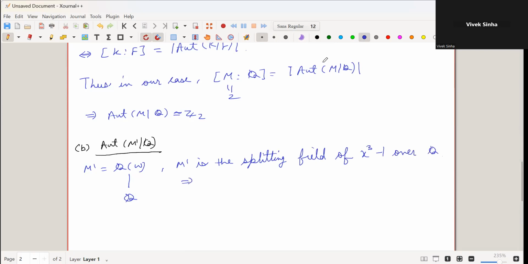This implies M dash over Q is a normal extension.